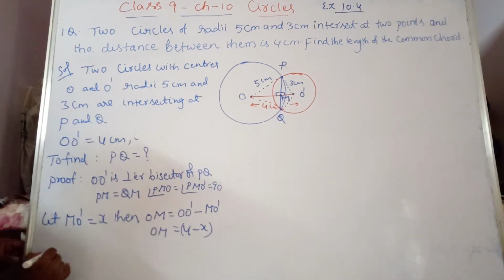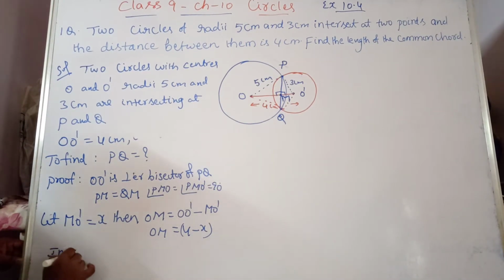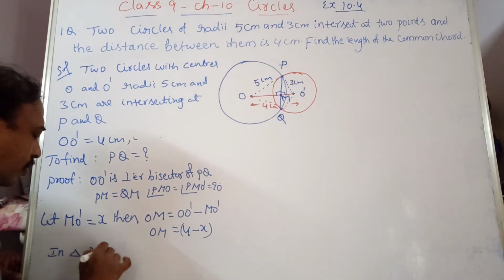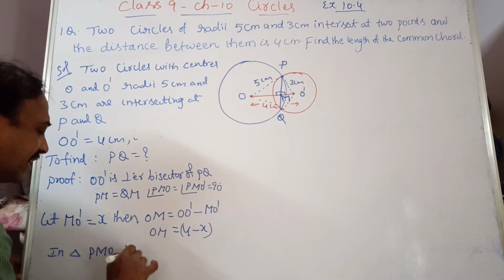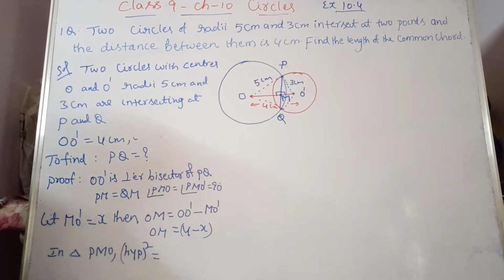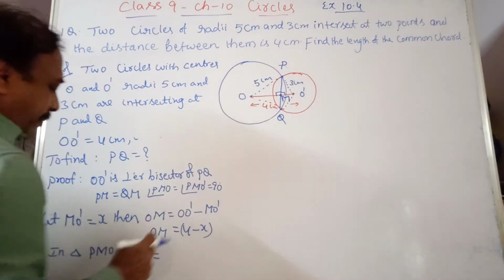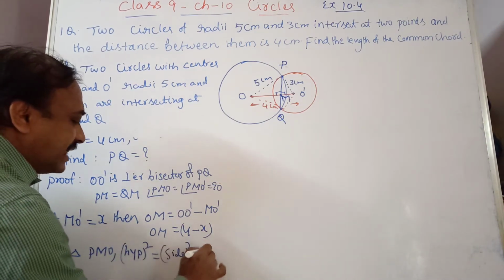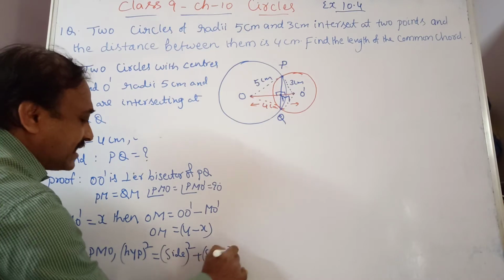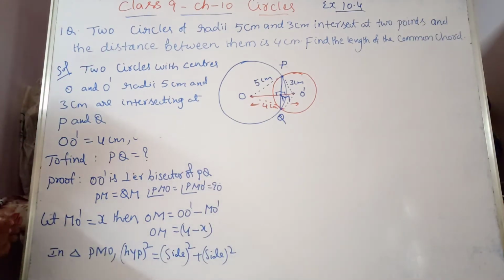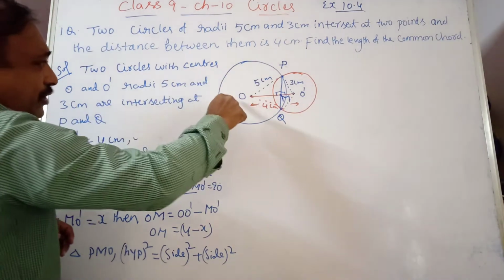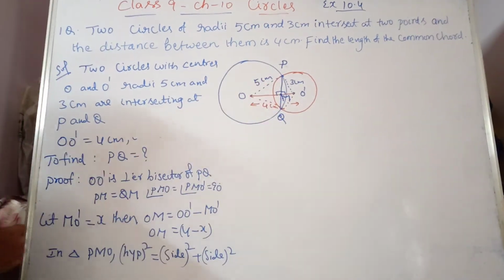Now consider triangle PMO. Hypotenuse square is equal to side square plus side square. Which is the hypotenuse? PO is the hypotenuse, OM is one side and PM is another side.